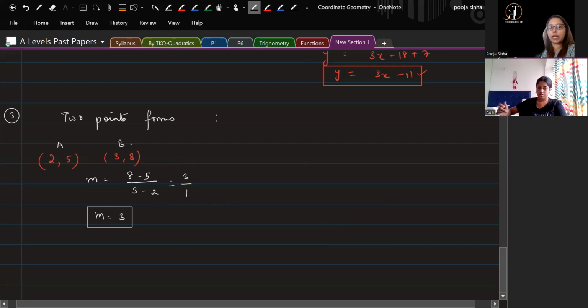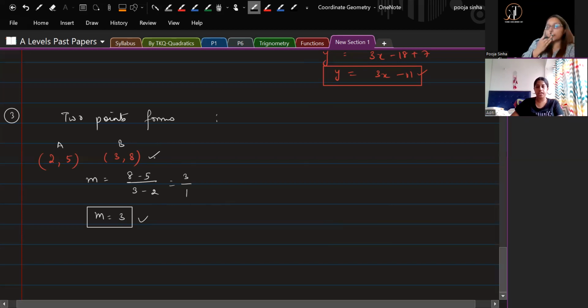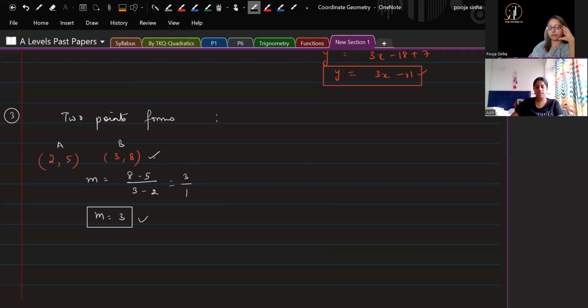Now I can take either of the two points, A or B, and use the slope and one point formula. Taking the point with y equal to 8, we get 8 is equal to 3 into 3, which is 9, plus C. Then 8 minus 9 is equal to C, so that will be minus 1.